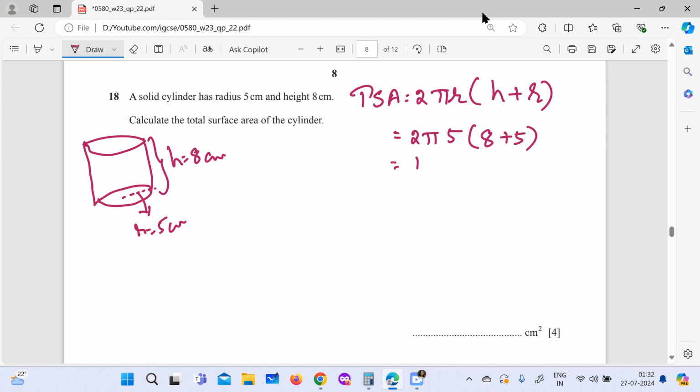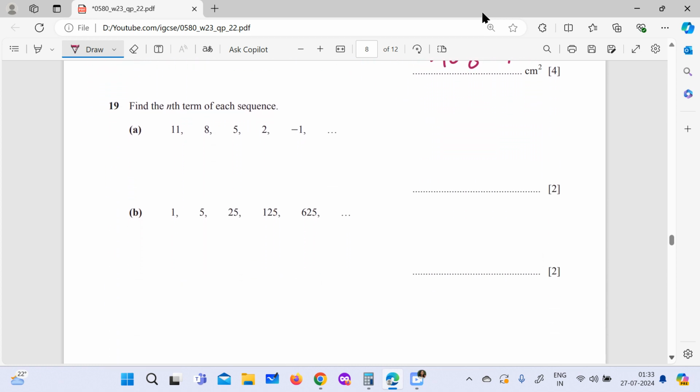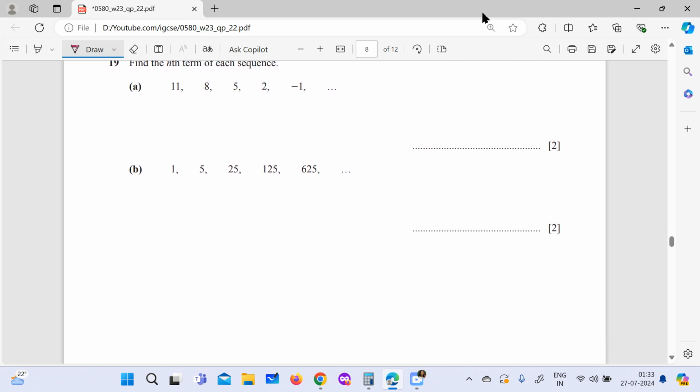So you get 10 pi times 13, so you get here 130 pi. And then substitute in the calculator and you get 408.4. Now let's look at the next question.